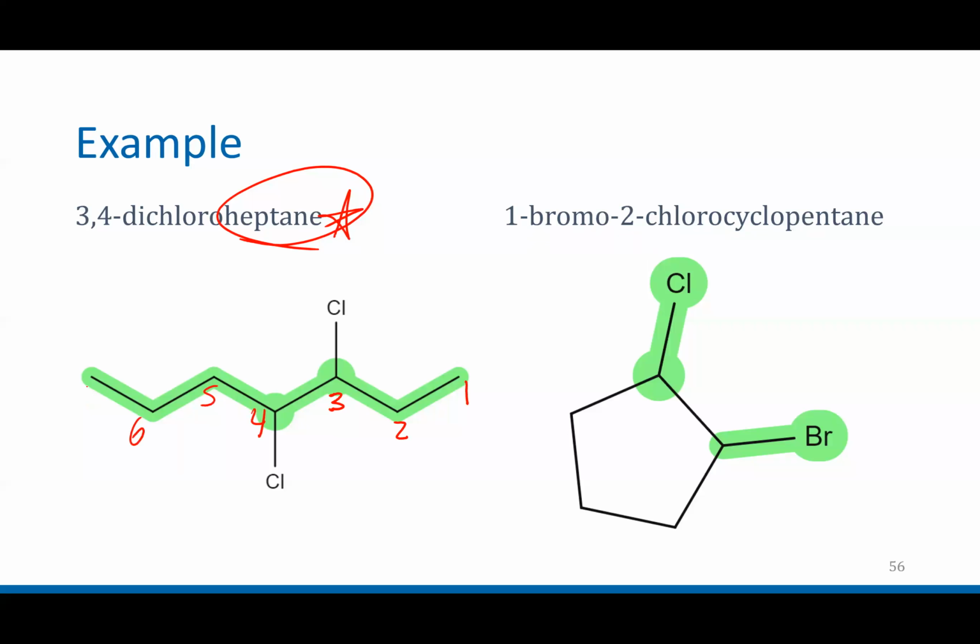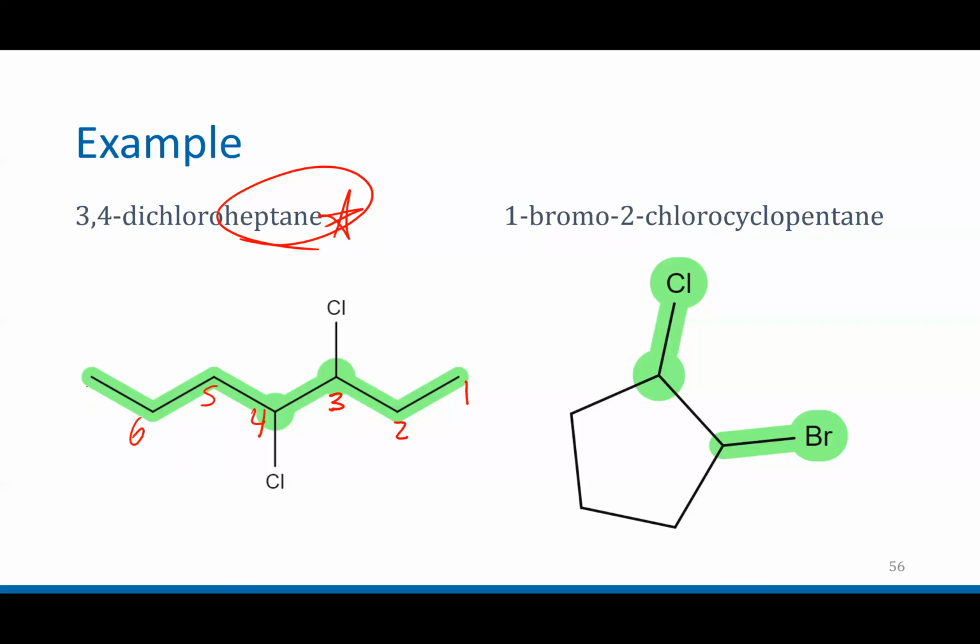So imagine you're doing this on a test or your final exam. If you write me the word heptane, you get like half of a mark. If you write chloro, you get maybe 0.25. If you wrote dichloro, you would get the full 0.5. So you're already looking at a mark.